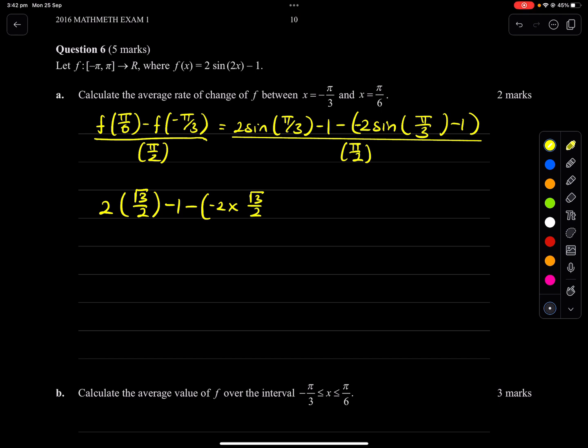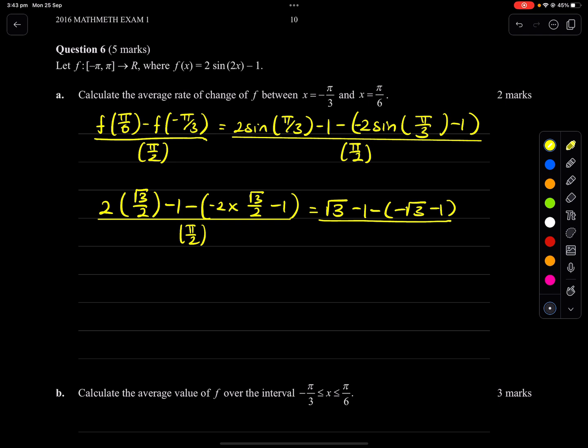Yeah, so minus 1, all over pi over 2. So that'll be root 3 minus 1 minus root 3 minus 1, all over pi over 2.